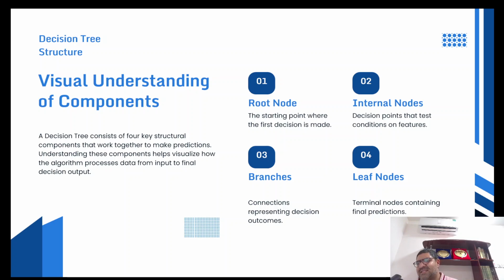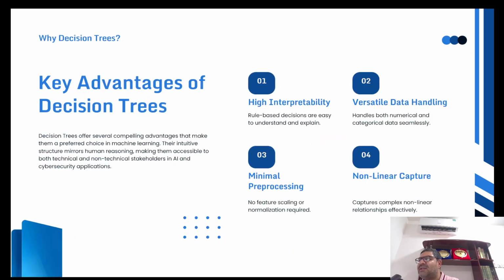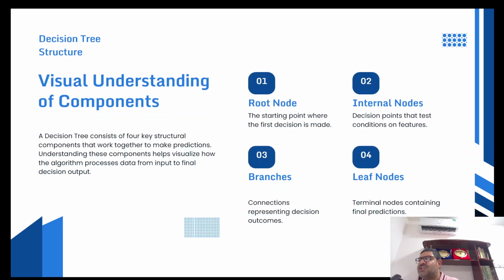As in the earlier case, we were having these yeses and no's, so these are the leaf nodes. And then, for example, from outlook to humidity and windy, these are the internal nodes, decision points that test the conditions.